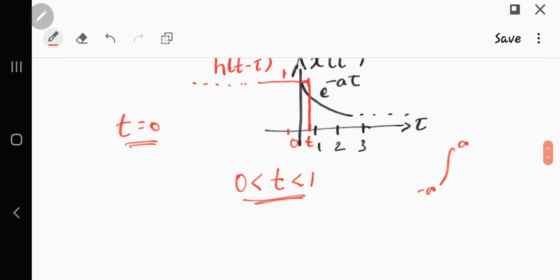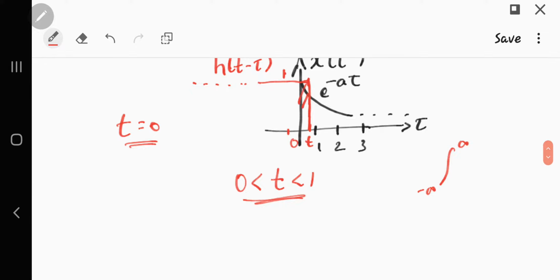So at the end, while plotting y of t, it will be easier for us to get the limits, from where to where the y of t value will be the same. For that purpose, I prefer to keep this point of h of t minus tau between two indexes. Now I have kept it between 0 and 1.